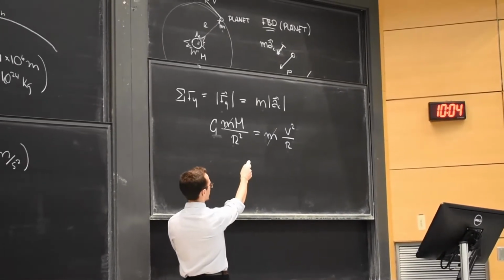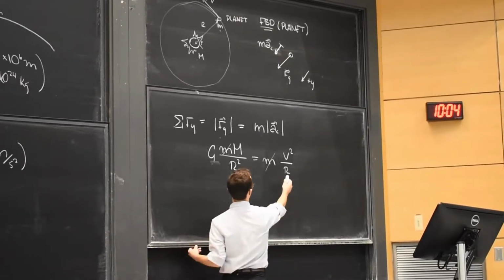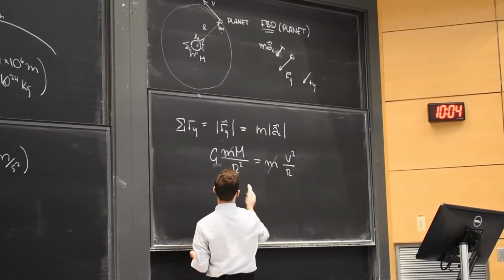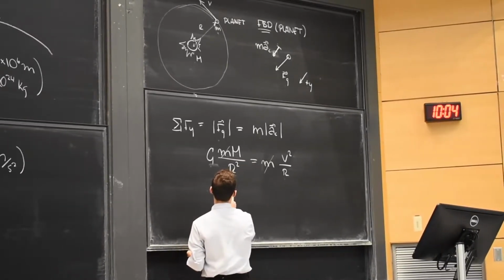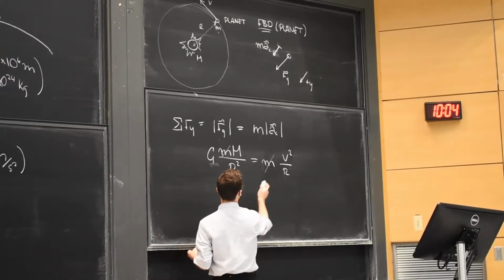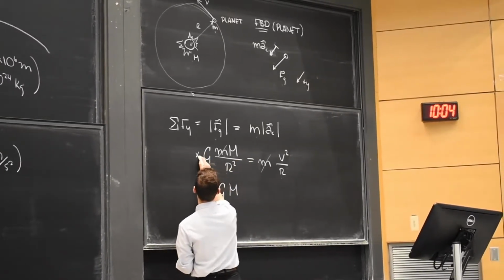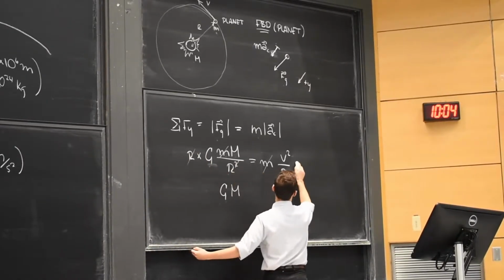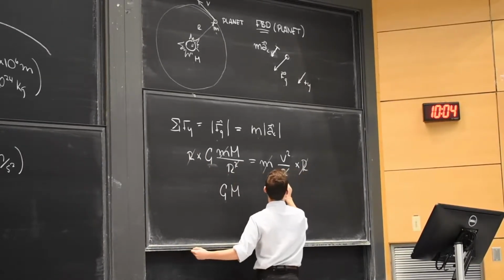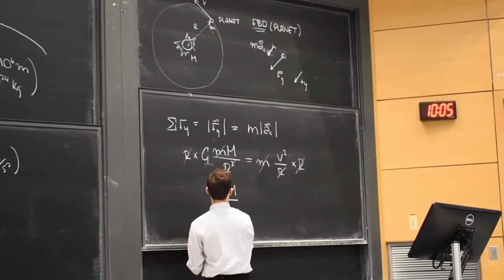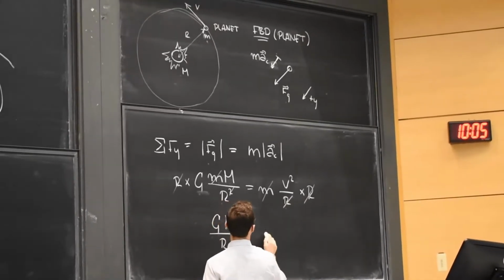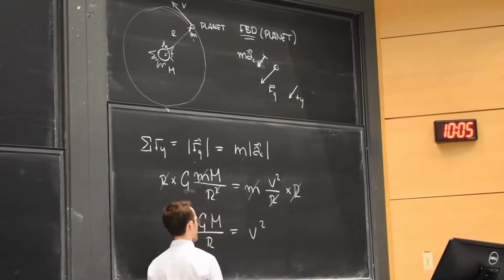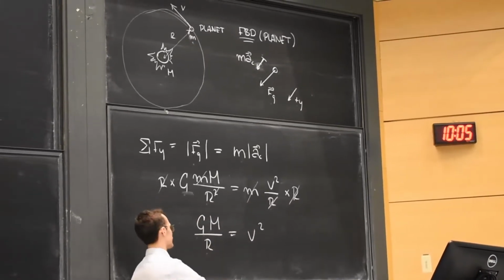Particularly, I'll solve for v. So I multiply both sides by r. That gets me G M m, and one of the r's cancels out. So GM over r is equal to v squared. Or take the square root.